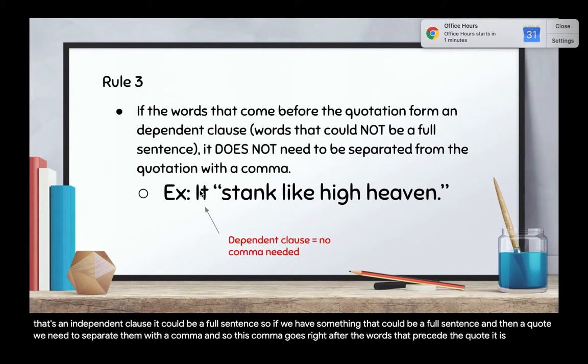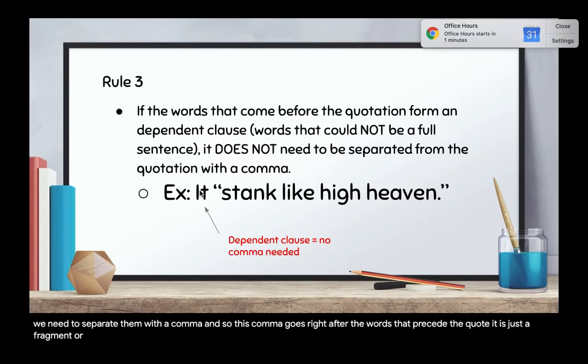If it is just a fragment or not a full sentence, could just be one word like in this example, that is when you do not need a comma to separate the words from the quote.